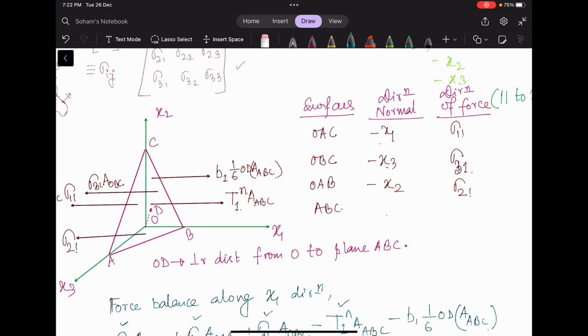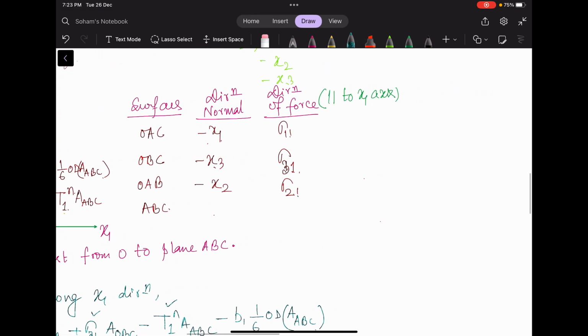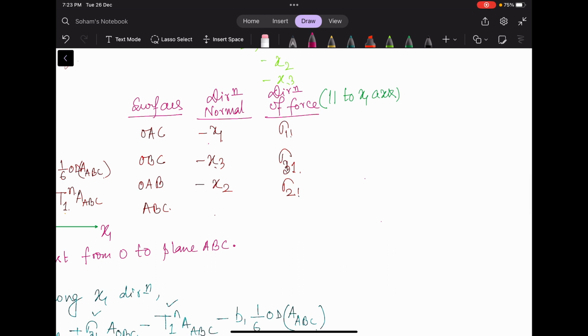I think it is pretty obvious that area is a vector, right? Area is a vector having the magnitude of that area and the direction along the surface normal. So let me give you a concept, which is already known by all of you. If v is a vector, then it will have its components along x1, x2 and x3.